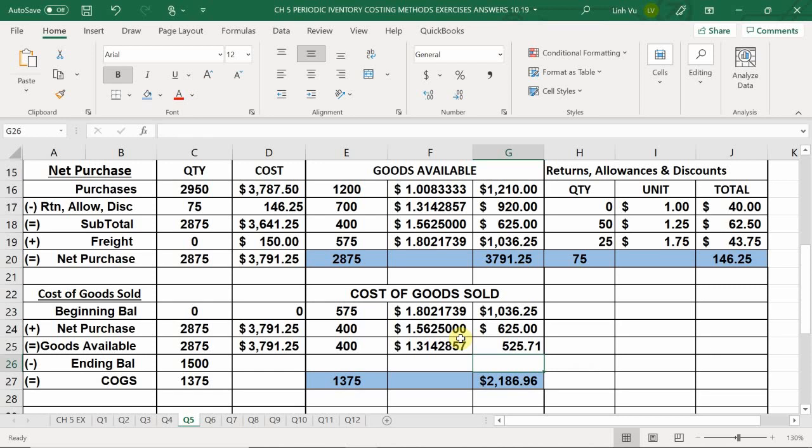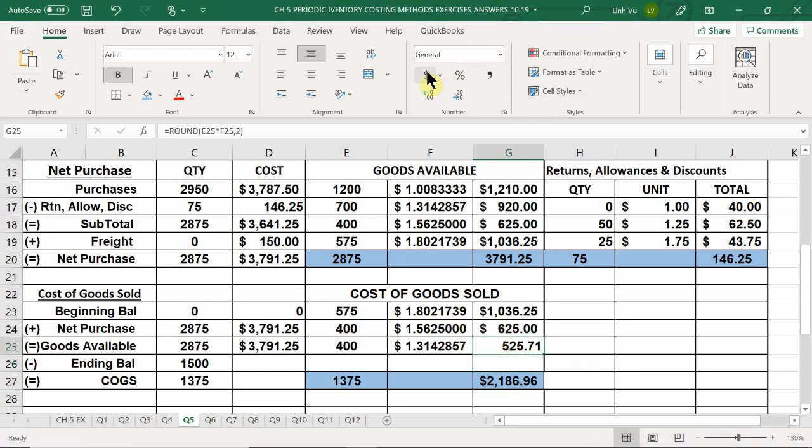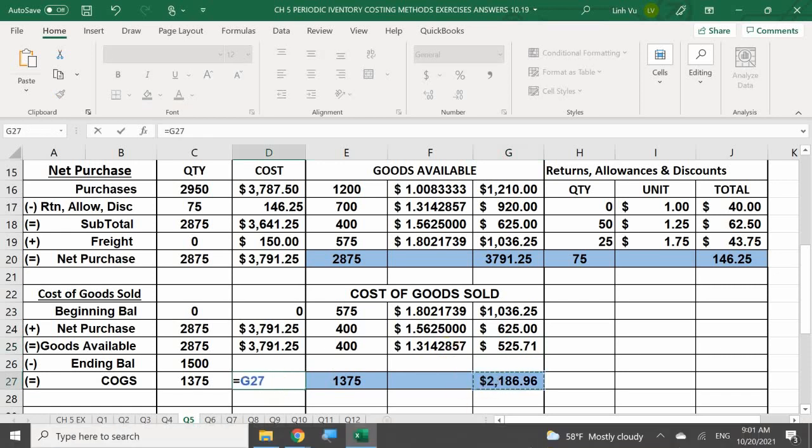Okay, so that could be a rounding error here. Yeah. But you did get the main point. It was just 525. Okay. So here I have a grand total of my cost of goods sold to be $2,186.96. So therefore, what should my beginning inventory be?